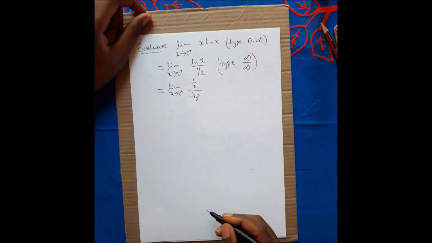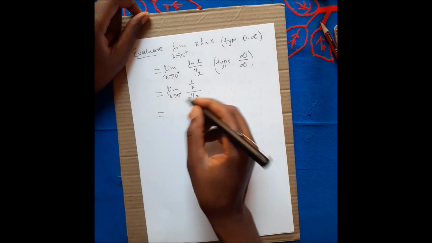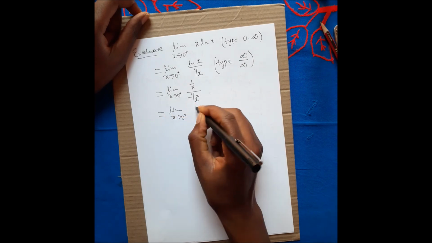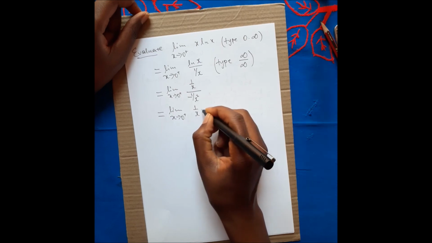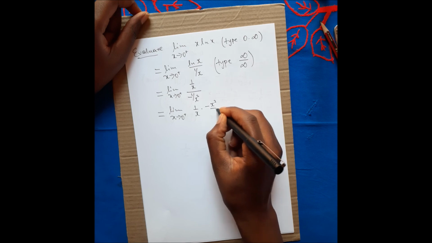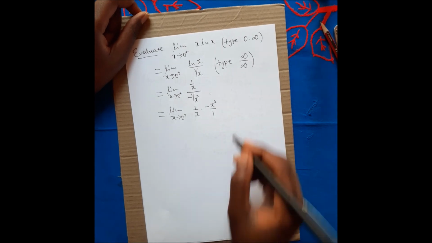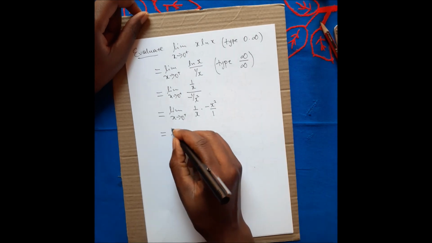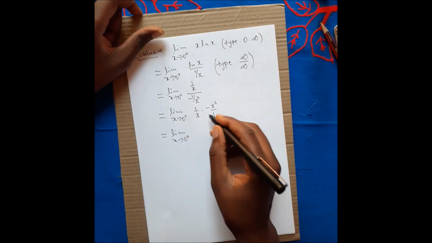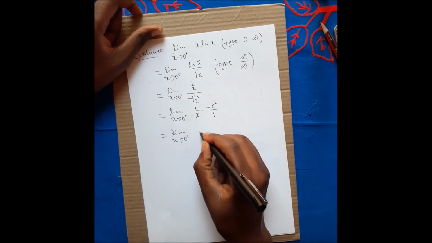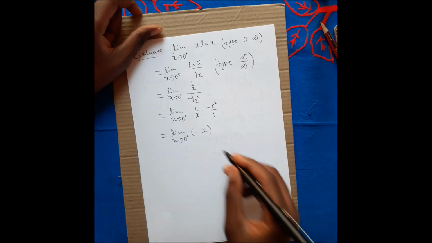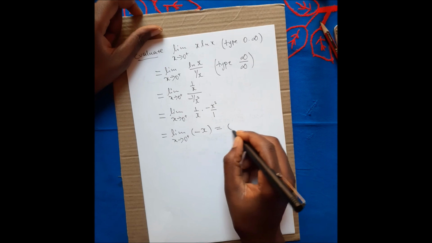This is the same thing as the limit of 1 over x times minus x squared over 1, which is the limit as x approaches 0 from the right of minus x. Then when we substitute 0, we get 0.